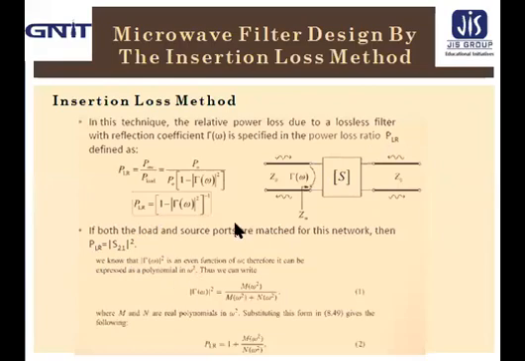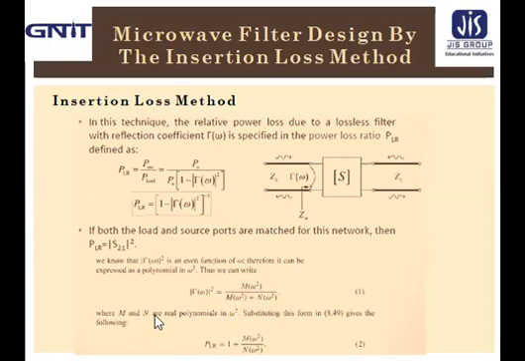We know that the reflection coefficient, that is mod of tau omega squared, is an even function of omega, and therefore it can be expressed as a polynomial in omega squared. Thus we can write that mod of tau omega whole squared equals M of omega squared divided by M of omega squared plus N of omega squared.